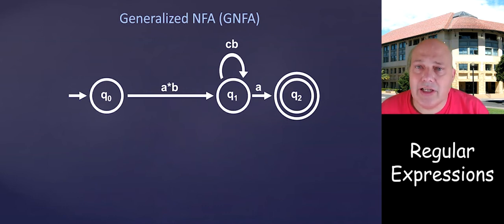So this is a generalized NFA. You still have the start vertex, you still have accept vertices, but now the edges are labeled by regular expressions. This one is A star B, this one is CB, this one is A. And now when you take a path, each edge can read not a single symbol, but any string that corresponds to the regular expression.